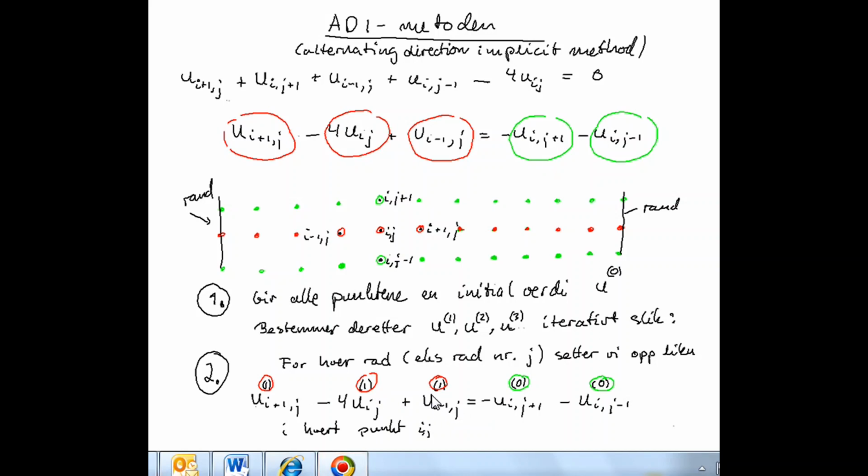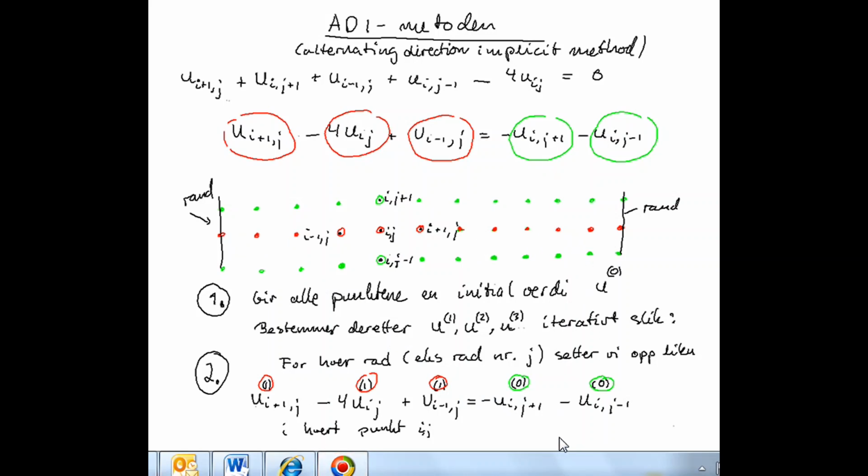We put an upper index on all these unknowns, which we called on the left side 1 and on the right side 0. And this 0 is the starting value, which is arbitrary in all the interior points except on the boundary where it's given. So we do this and make such an equation in all these points on this row.